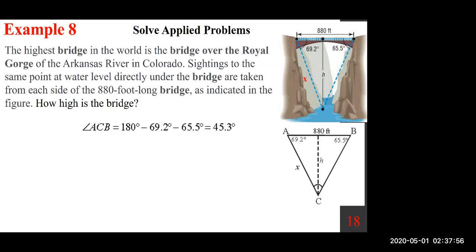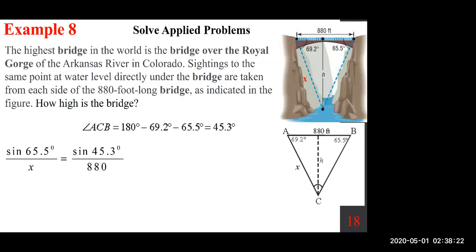We can say sine of 65.5 over x is the same as sine of 45.3 over 880. We use that because 880 is known, okay, class? With that being the case, cross product will give us x.